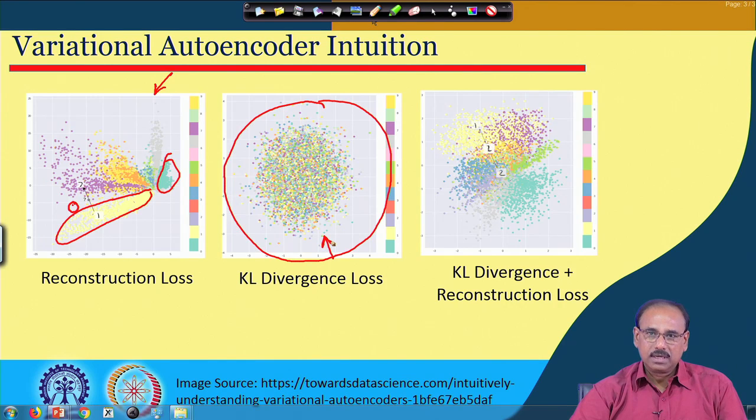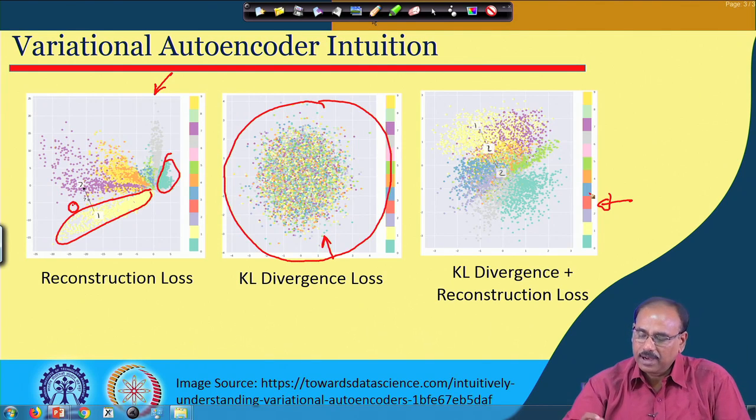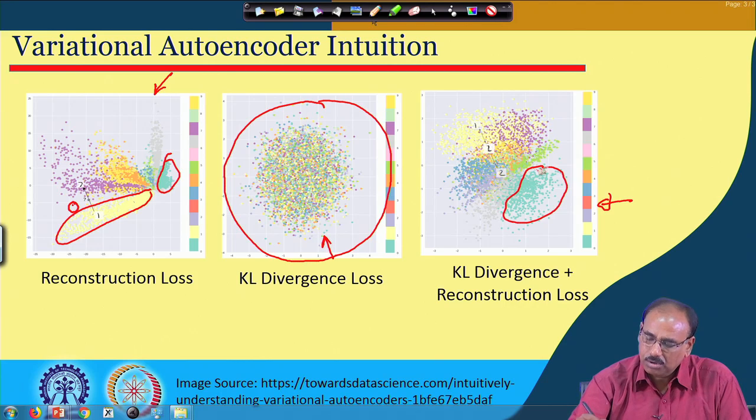And because you have lost the class identity, again the decoder does not know what to generate, because every latent vector coming from all different categories is sent to the decoder. So, on the right hand side, what we have shown is that if you apply both the KL divergence and the reconstruction loss, the data belonging to different categories have formed their own clusters.